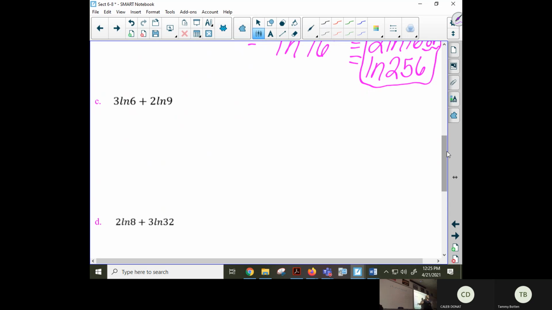Is 9 a power of 6? No. So that means there's nothing we can do to change them to the same base. So what we're going to do instead is just bring these powers up. Okay? So we're going to write this as natural log 6 cubed plus natural log of 9 squared.